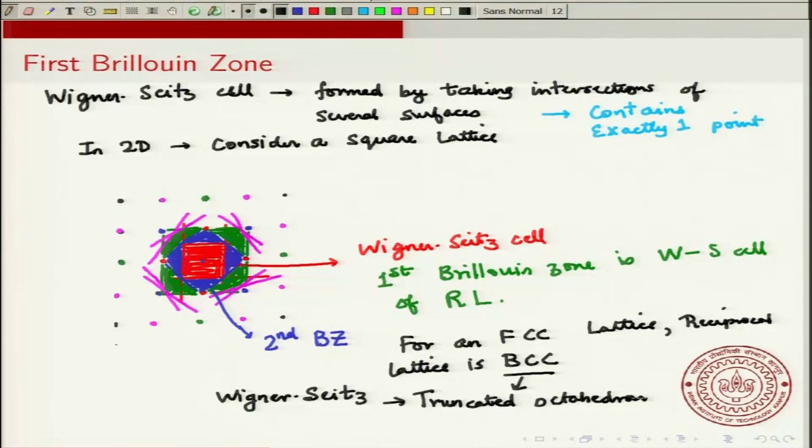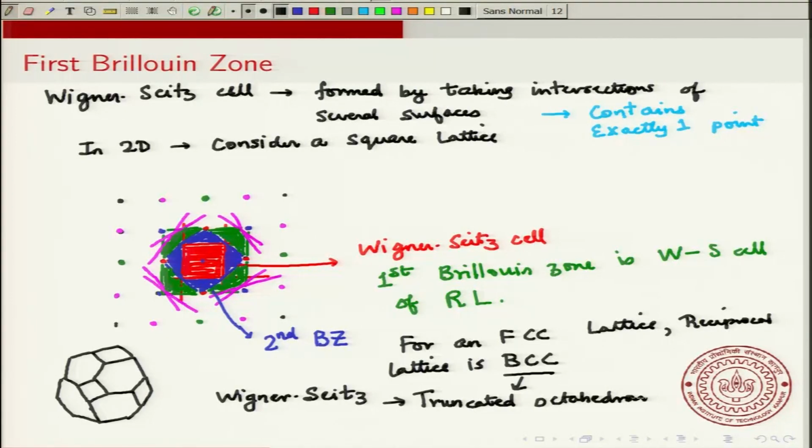Okay. So, I will just tell what it looks like. So you have these hexagons and these diamonds, forming a truncated octahedron.